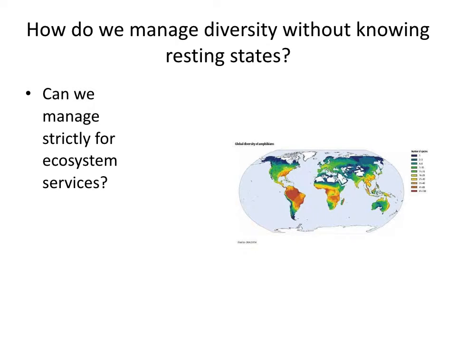This is theoretical literature, not experimental literature. So my question to you is, can we manage strictly for ecosystem services, given that we have blind spots in terms of the nature of the ecosystem services as well as the contributions of the biodiversity of those systems to them?